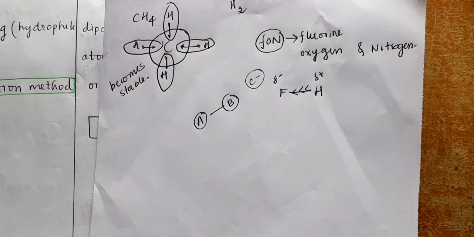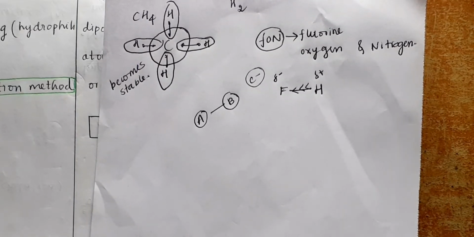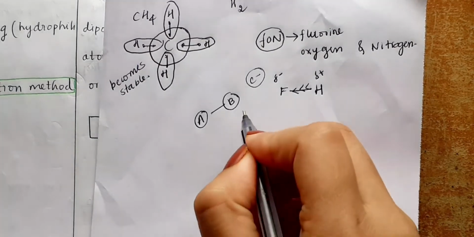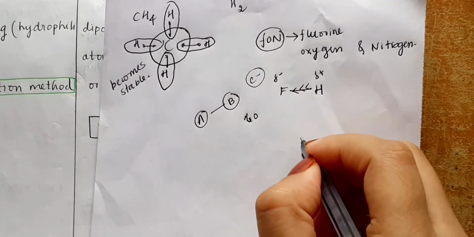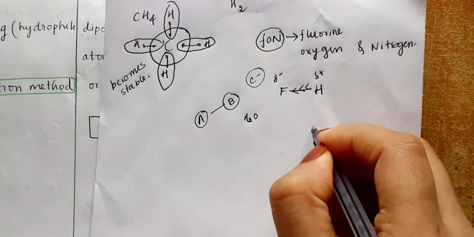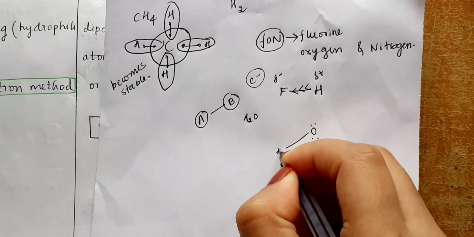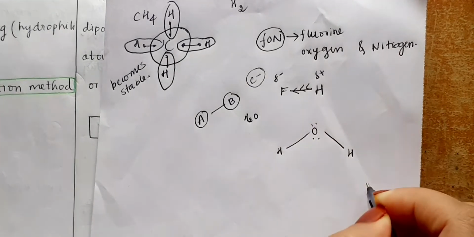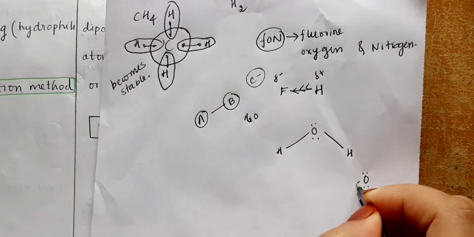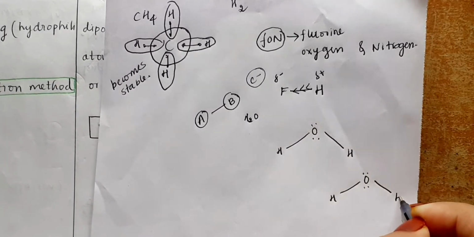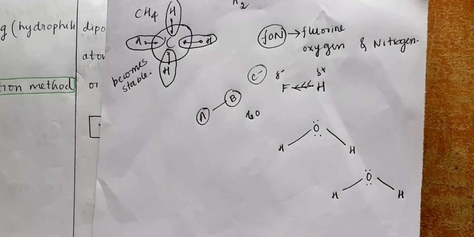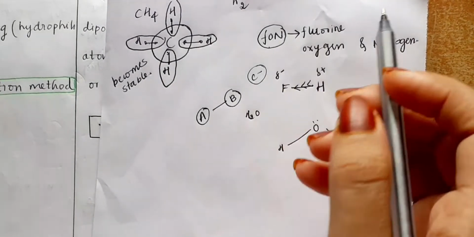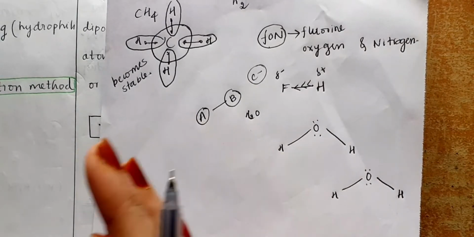Let us see how a hydrogen bond is formed. For example, take water. If you draw its structure, it is something like this: O and H. I told you earlier, when highly electronegative elements are attached to hydrogen, they show unequal sharing.